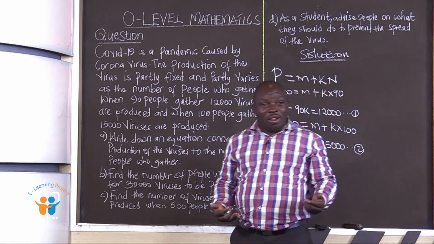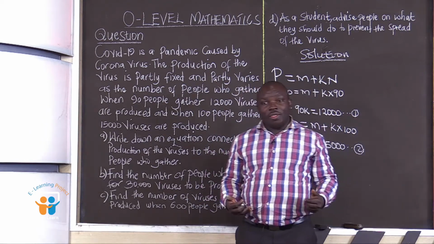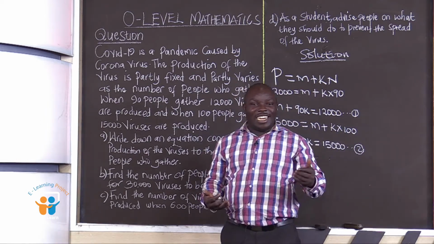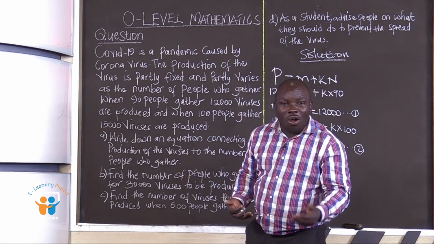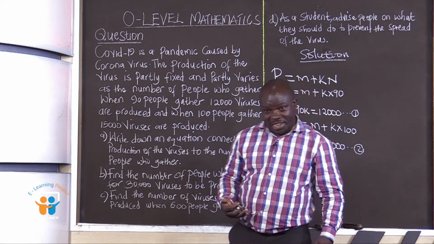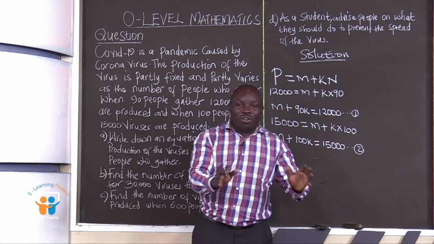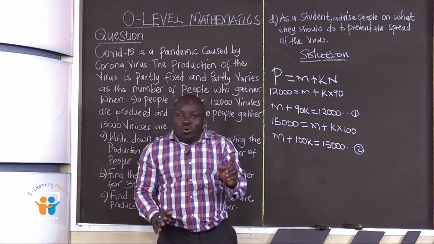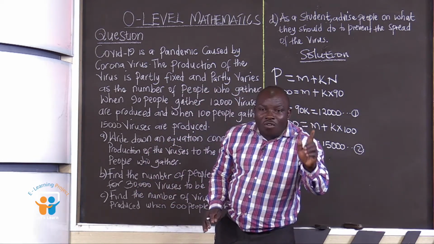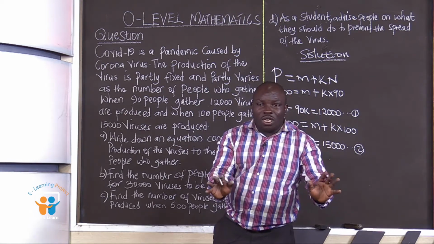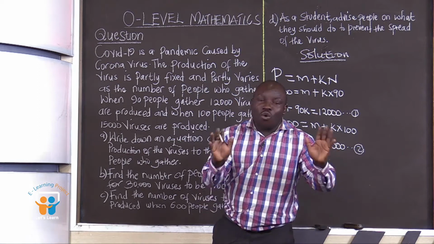Yes, graphical method is also okay. Mugisha is also telling us that they also used what we call matrix method. So out of those methods we have talked about, you can choose any of your choice. You are free to solve those equations in any way you want.